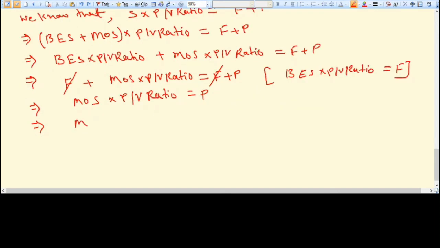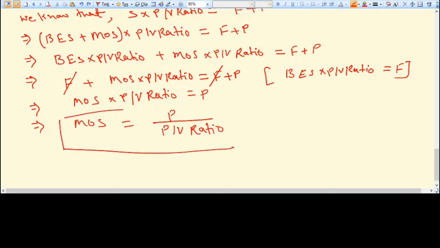Now the final formula of margin of safety is profit divided by PV ratio, and this is the formula of margin of safety. Friends, as we see, all these formulas, break even sales and margin of safety, have been derived from the basic equation of marginal costing, that is S minus V equals F plus P.